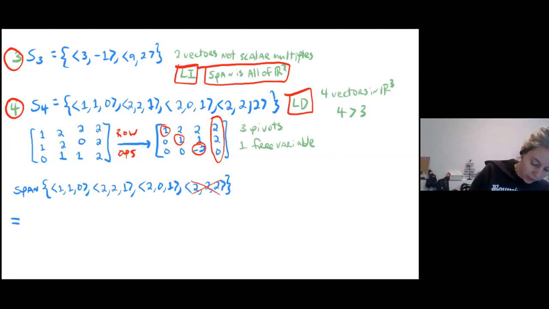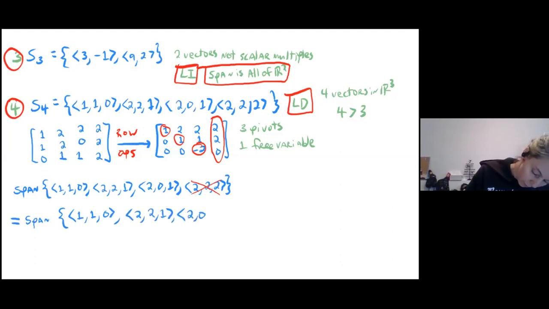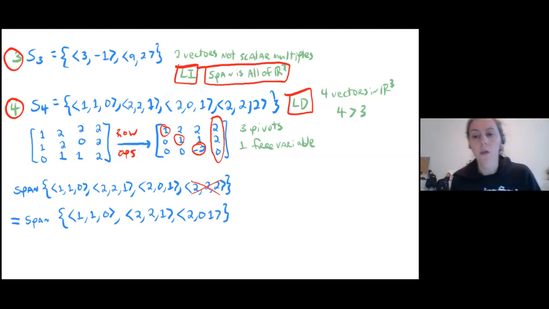I don't need it. So this is equal to the span of 1, 1, 0, 2, 2, 1, 2, 0, 1. And notice the 3 vectors here, if I were to cross the last column out, then I would have a pivot in every single column. So these 3 vectors are linearly independent. So the subset of 3 vectors is independent.